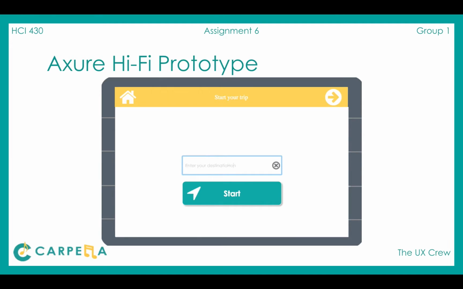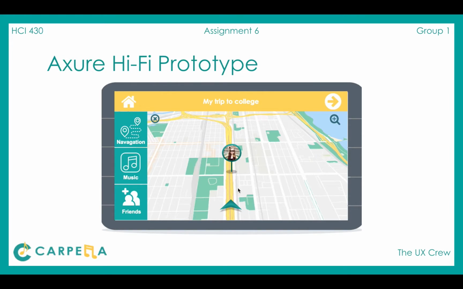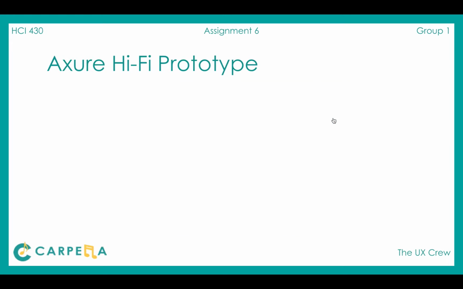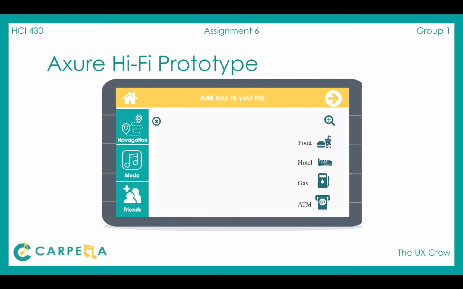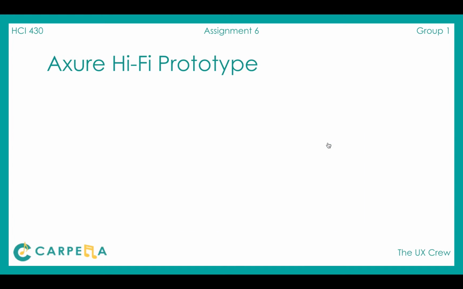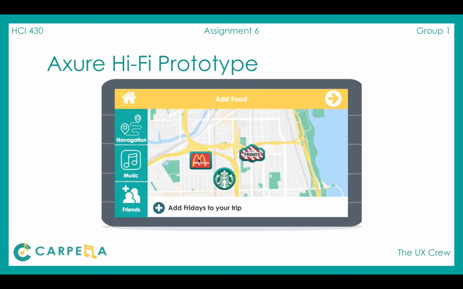Pick your destination, and you would start. They're also able to add a new trip here. Looks like we're picking food, so I guess we're very hungry today. And then we're going to Fridays. I guess Fridays is the place to go. You just add that to your stop.